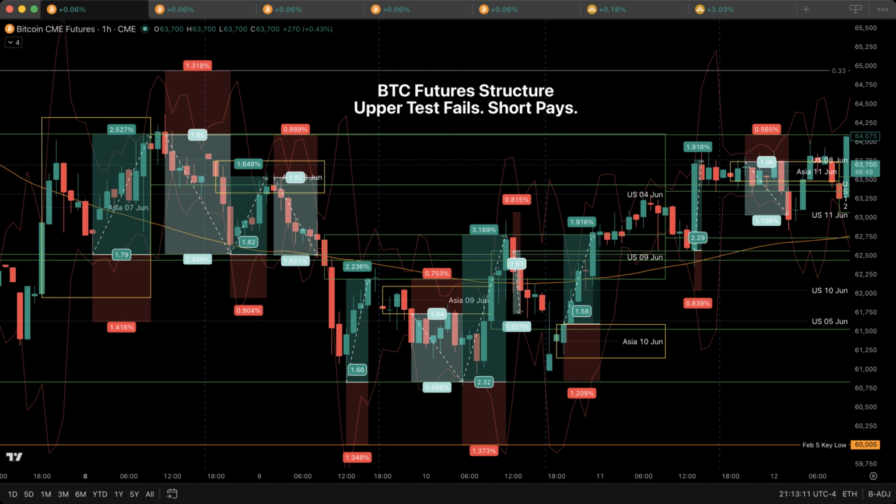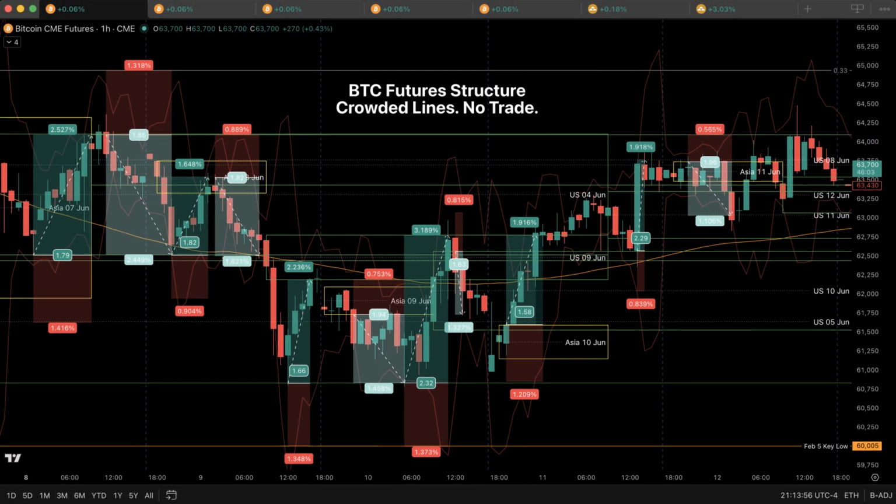Entry: June 11th Asia upper boundary. Stop: June 8th U.S. upper boundary. Target: June 11th U.S. midpoint. Risk-reward ratio: 1.96. Price reaches. It fails. It returns. Then the short earns execution.